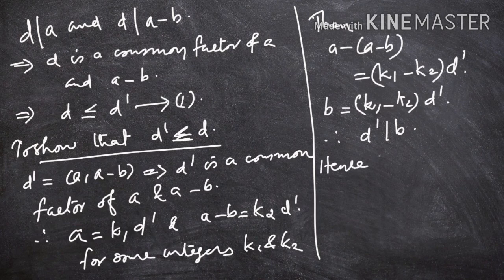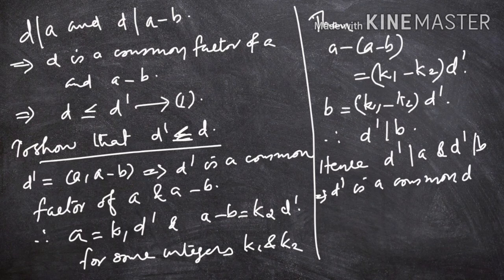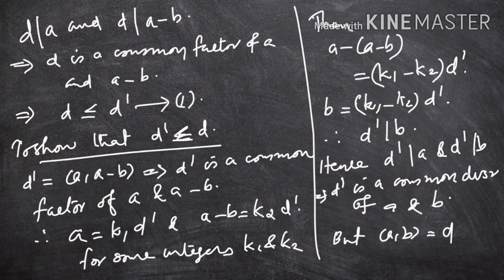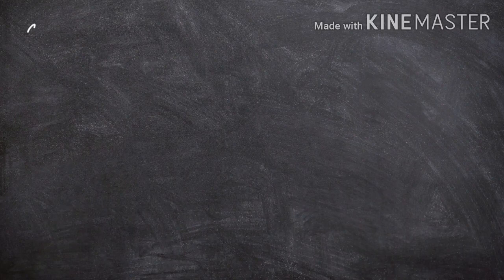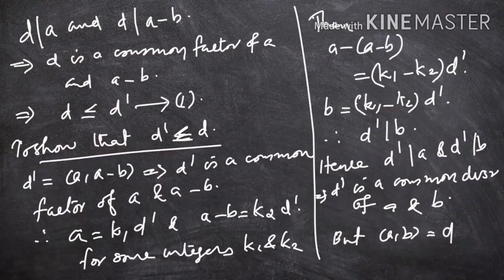Hence combining those two, D dash divides A and D dash divides B. So this implies D dash is a common divisor of A and B. But GCD of A and B is equal to D, so D is the greatest divisor. So D dash is less than or equal to D. Thus we obtained the two inequalities.